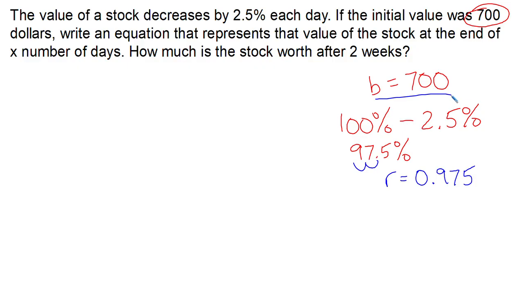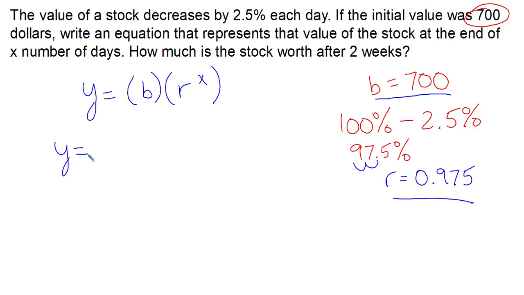So now we've got both things that we need to write our equation. Once again, our equation's form is y equals b times r to the power of x. And so we'll put in 700 for b and 0.975 for our value for r.